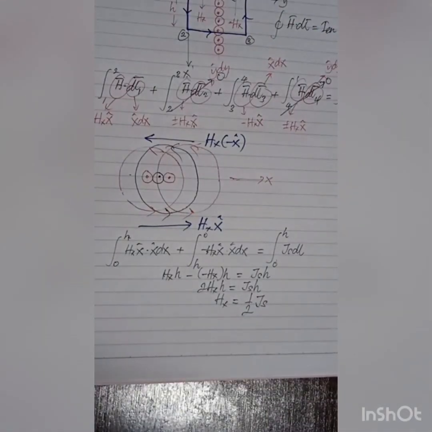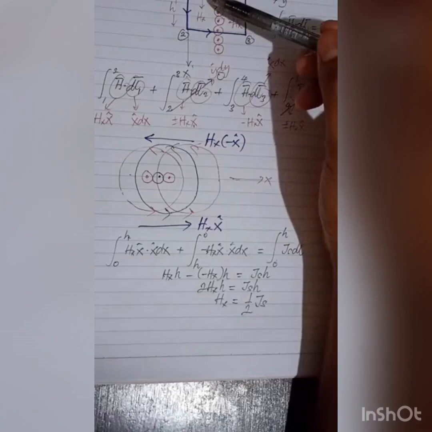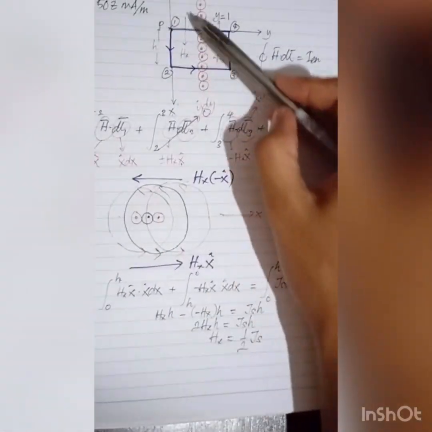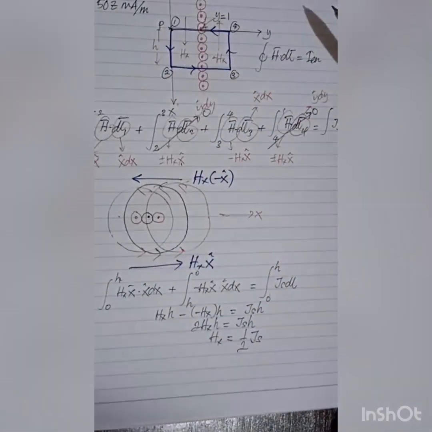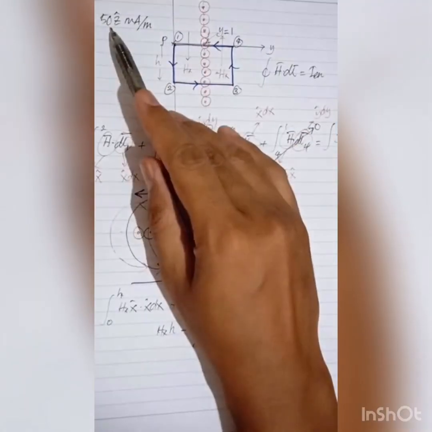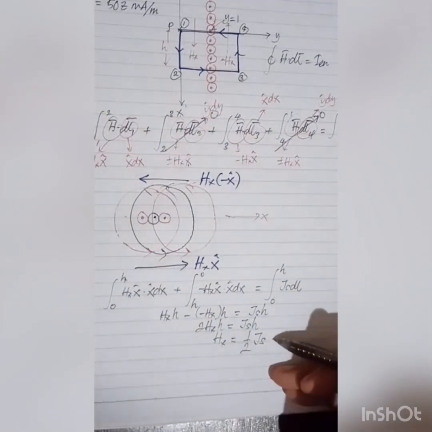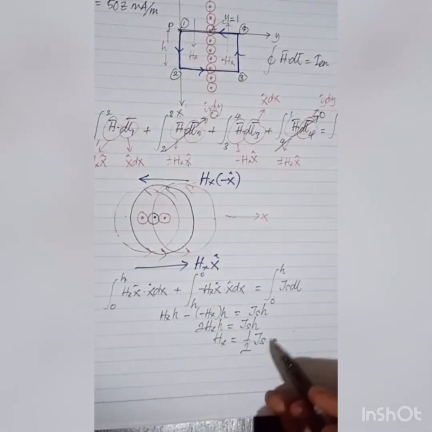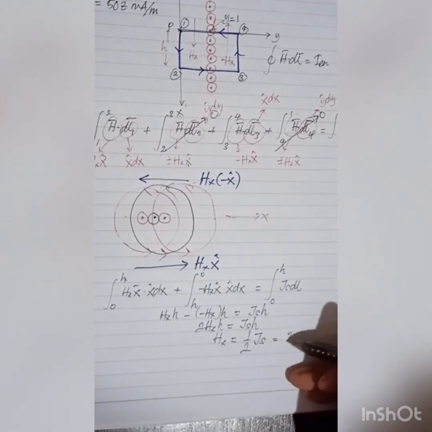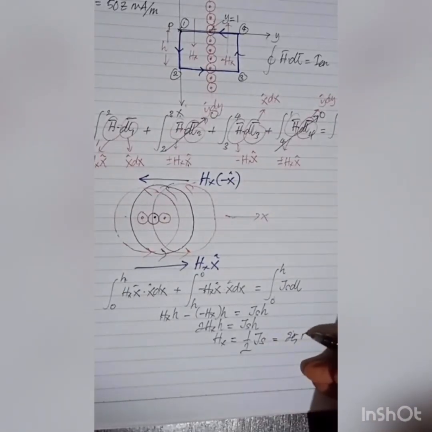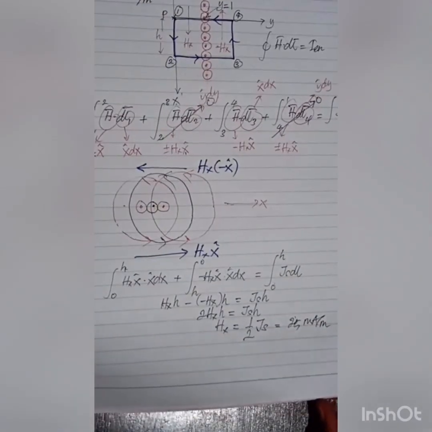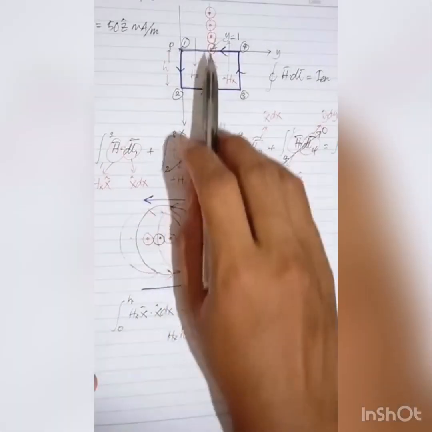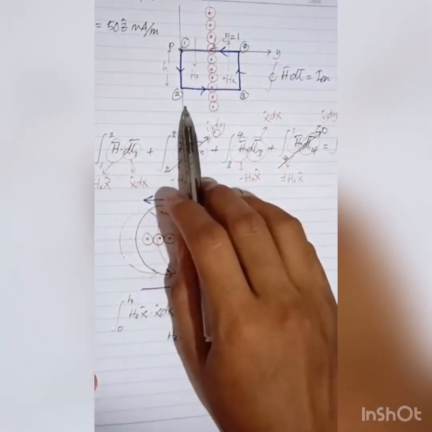So let's find the H that actually appears within this region. Let's say we have a Js here given as 50, right? So you can put the 50 value. So 50 over 2, we are going to have 25 milliampere per meter. And we know that the H that appears here is totally in the x direction.